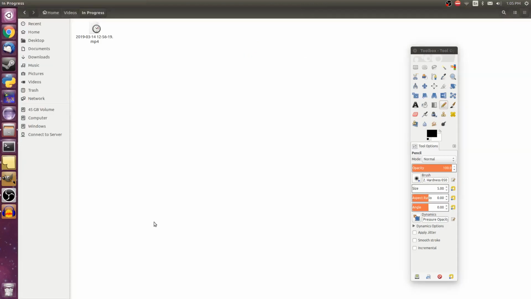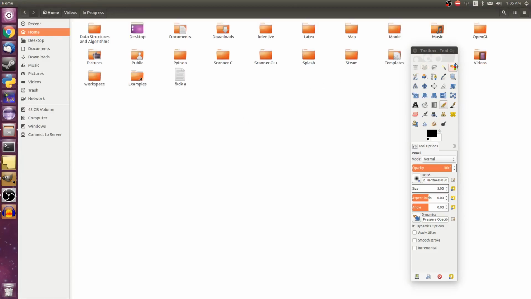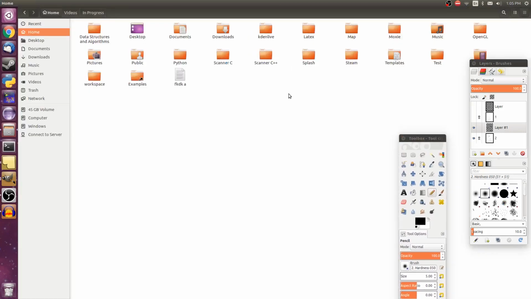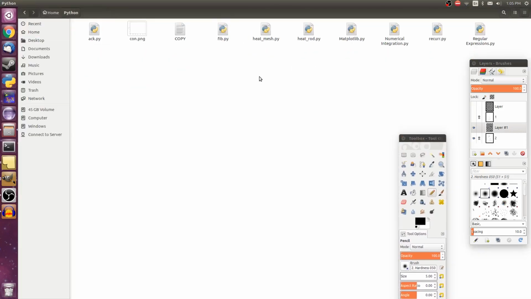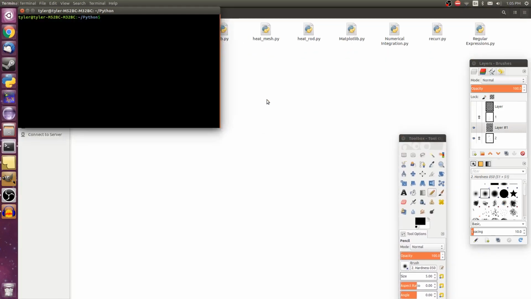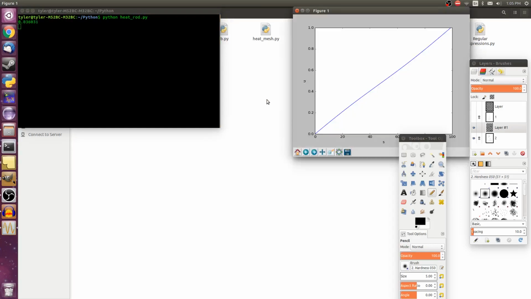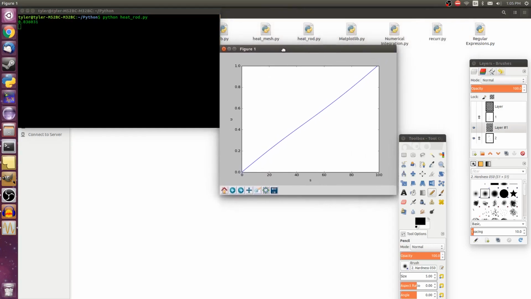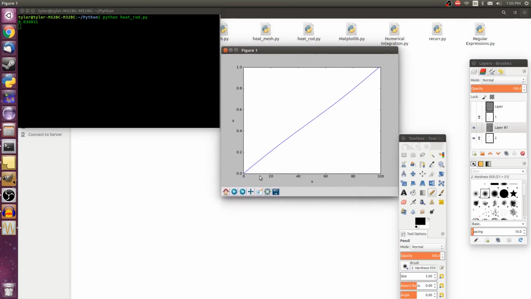So just to show that, I'll show the code. We go over here, and we see that indeed our solution does converge to the actual answer.